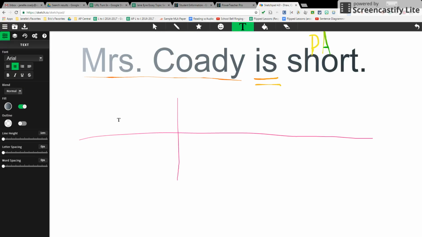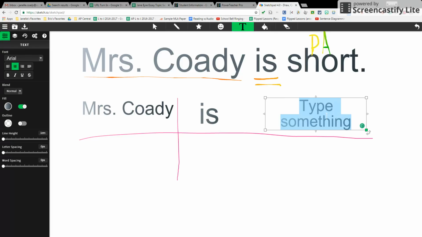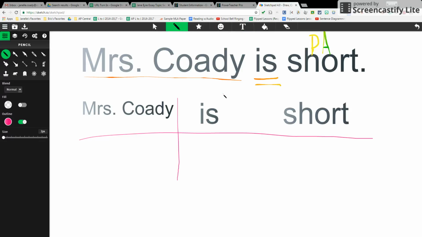So I'm going to put the subject on this side. And since it's a proper noun, you put all of it. And on this side, I'm going to put just the word is, because that's the verb. Now, short is going to go in the same place that a direct object would go. Only you're going to draw a line that is slanted.